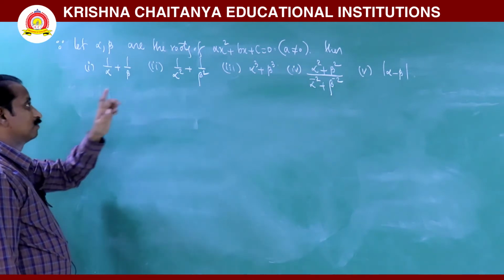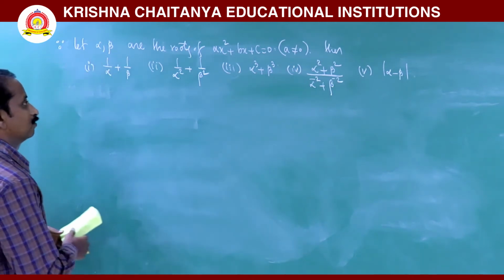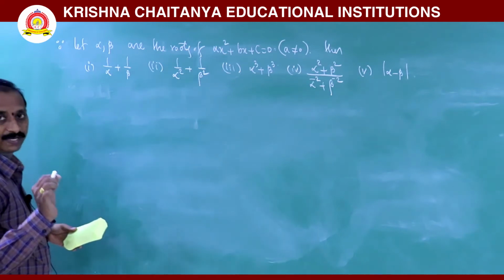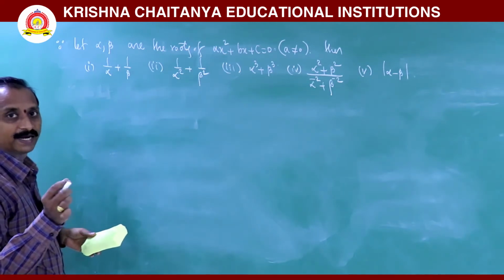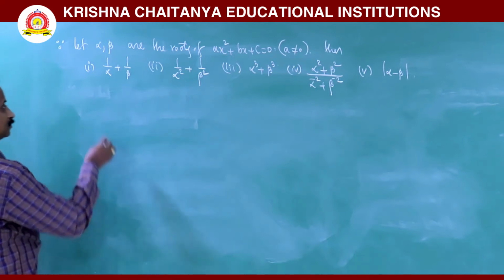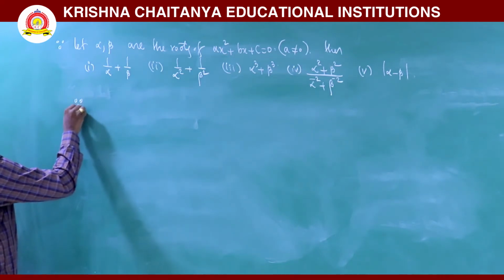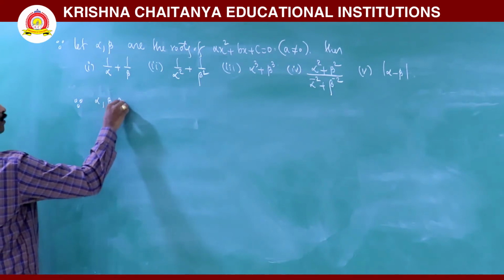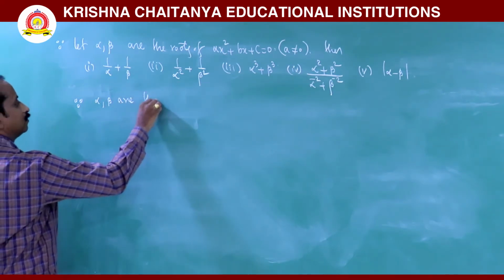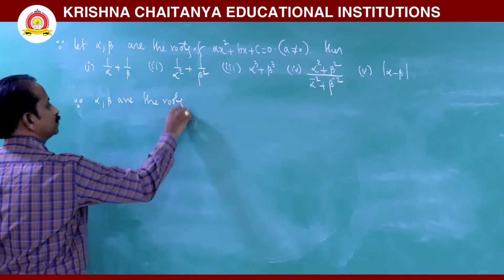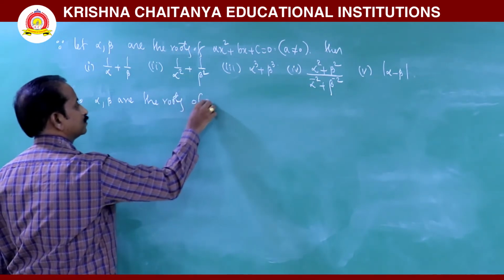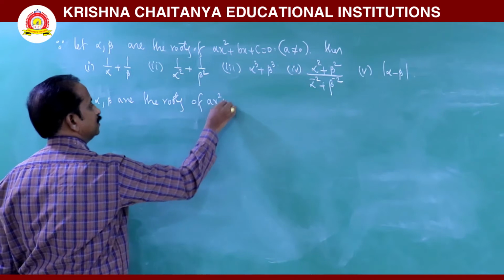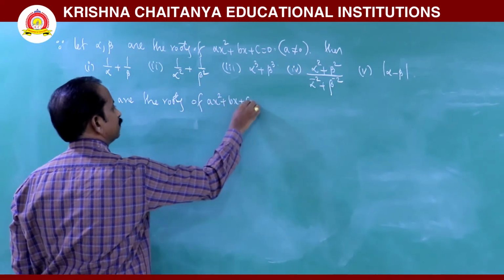Whenever for any quadratic equation roots are known, first of all we can write the sum of the roots and product of the roots. So we know that given alpha, beta are the roots of ax square plus bx plus c is equal to 0 with a not equal to 0.